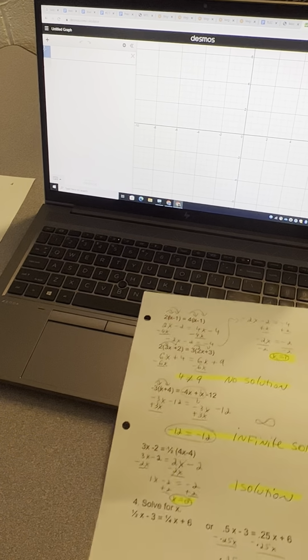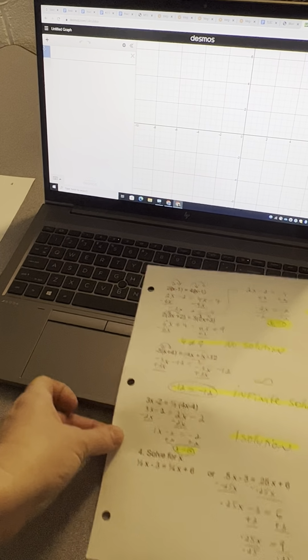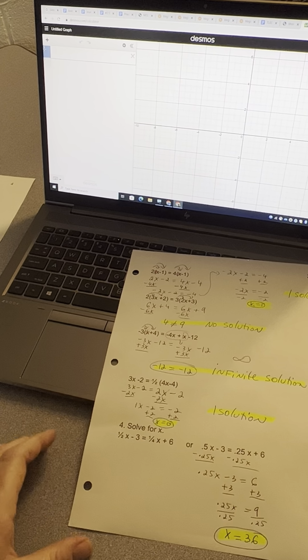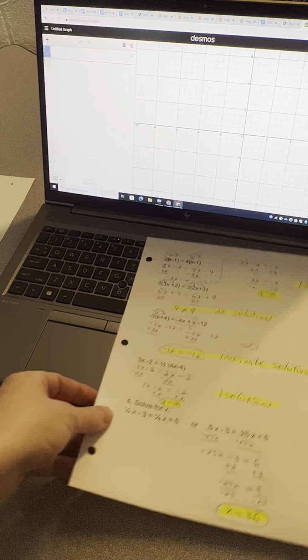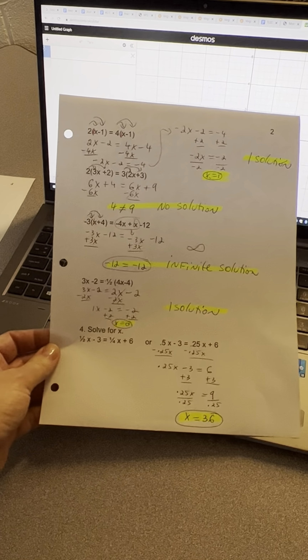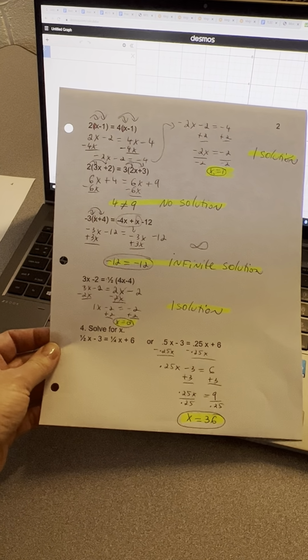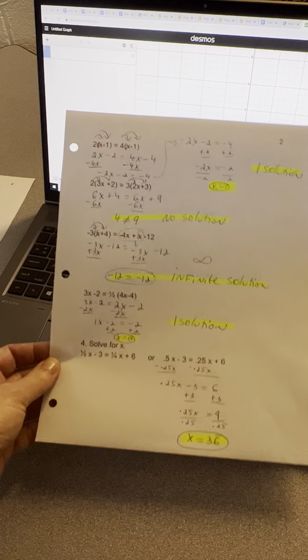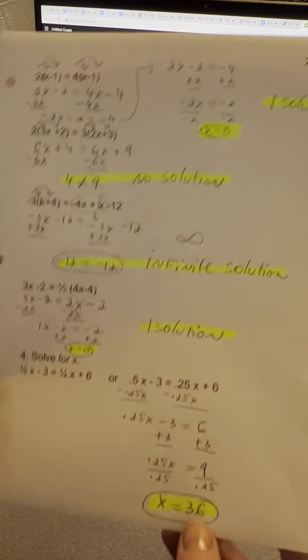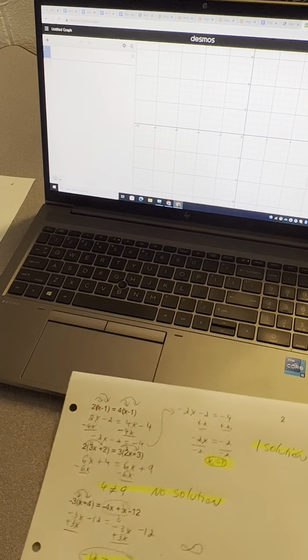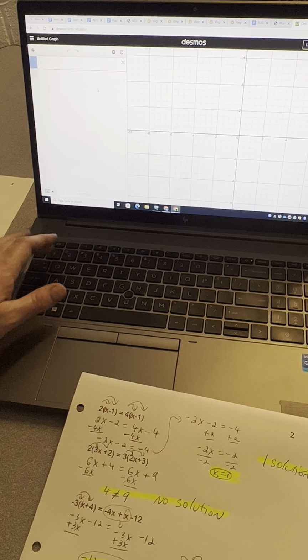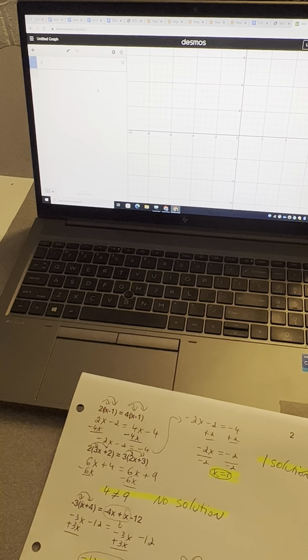Let's do number 4. So number 4 was half times x minus 3, 1/4 x plus 6. Let's type that in Desmos real quick and see if we get 36. All right. Let's make sure.